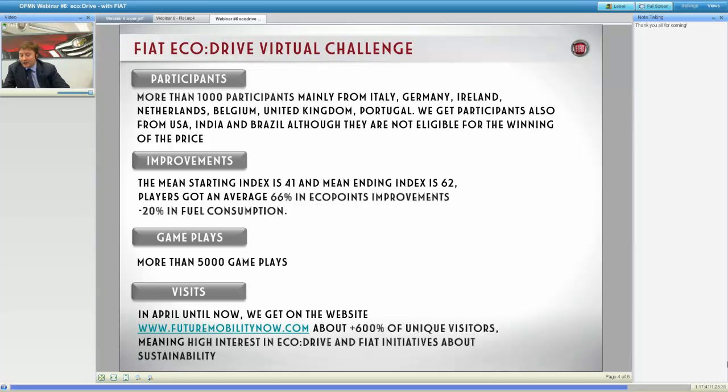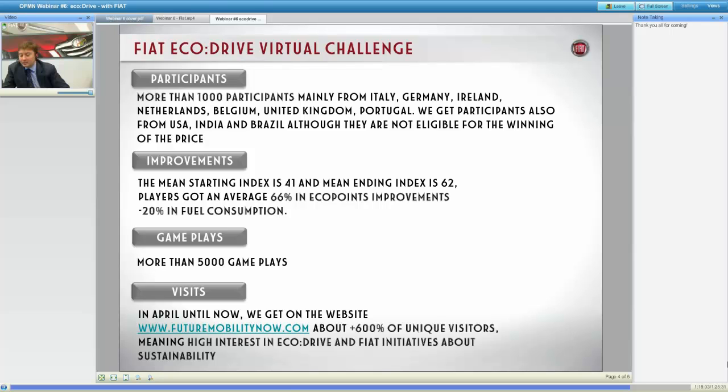The mean starting index of the people that played the game was 41, and the mean ending was 62. So players got an average improvement of 66% in eco points. And this means 20% less in fuel consumption.